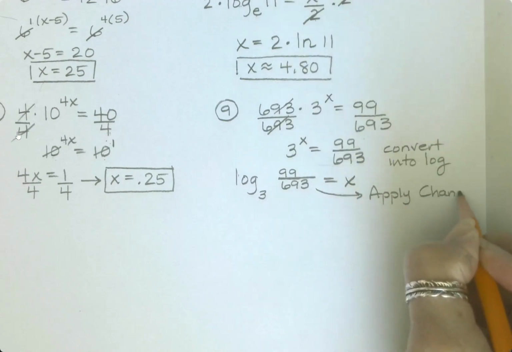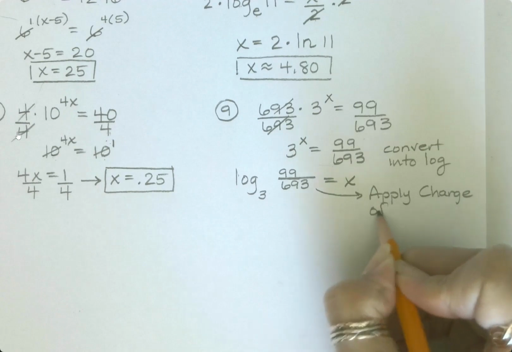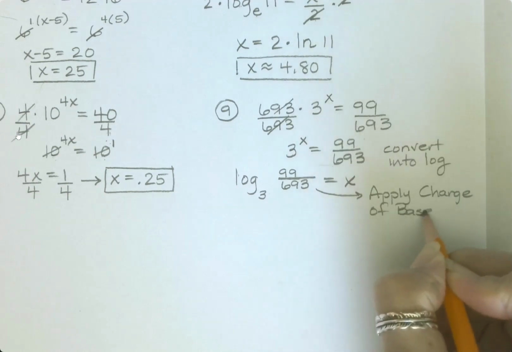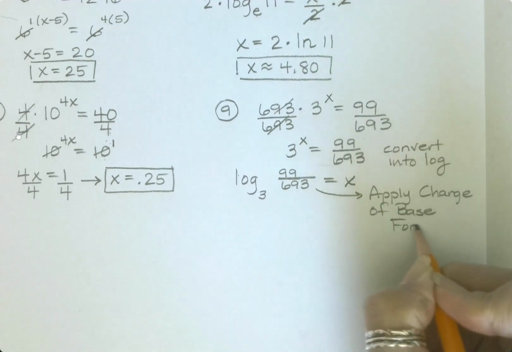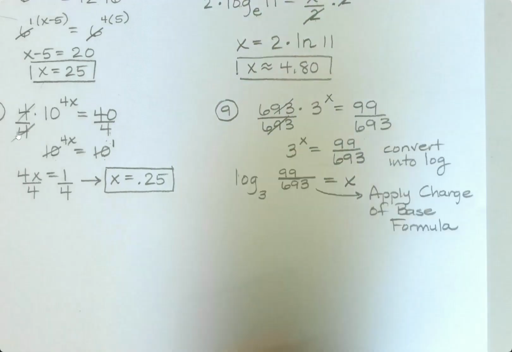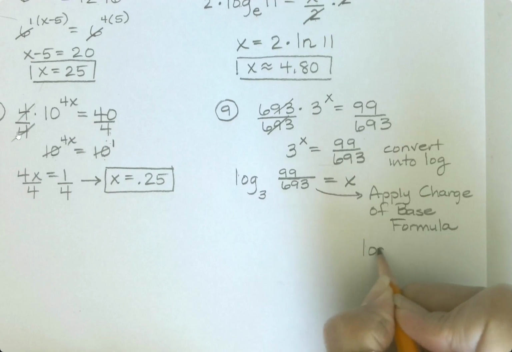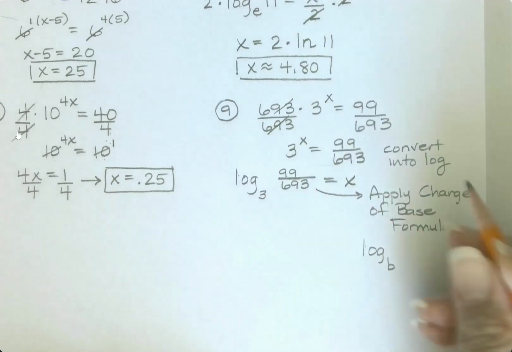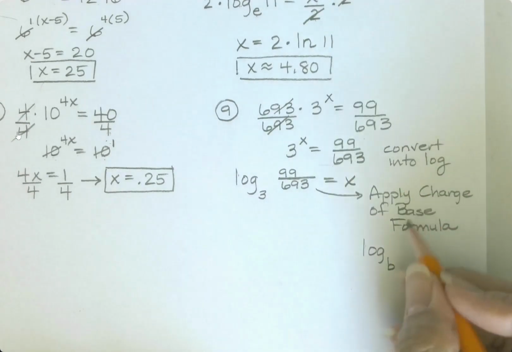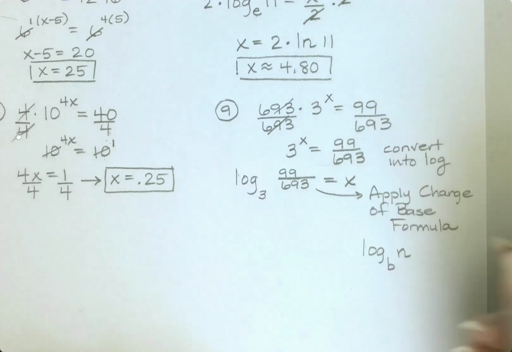I want you to apply the change of base formula. And the change of base formula says that if you have a log of a base of a number, okay, you can rewrite it in this format.